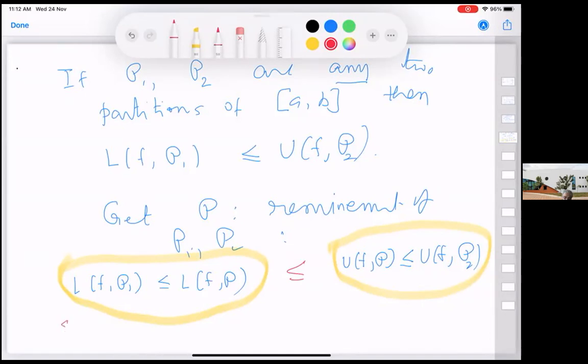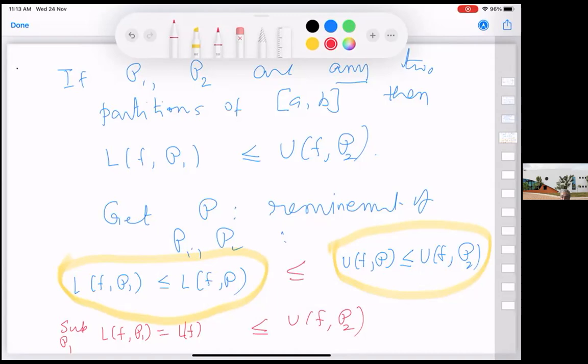So the lower bound is less than or equal to UFP2. Whatever P2 you take, LF is less than or equal to UFP2.